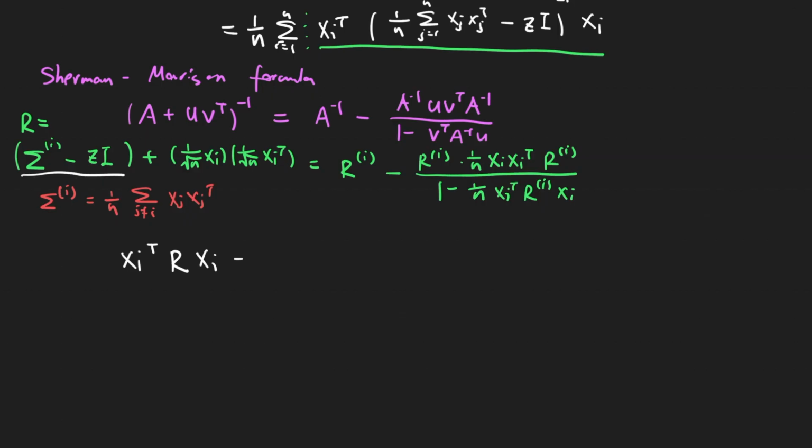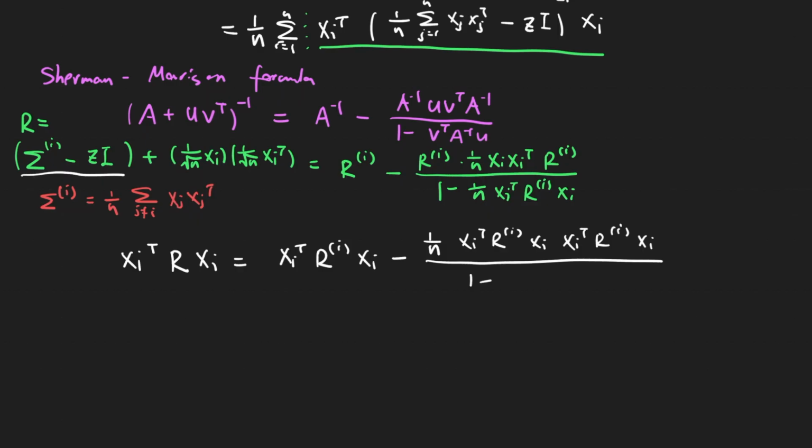So plugging in this equation, we have xi transpose R superscript i xi, minus 1 over n times xi transpose R superscript i xi, times xi transpose R superscript i xi, over 1 minus 1 over n xi transpose R superscript i xi.